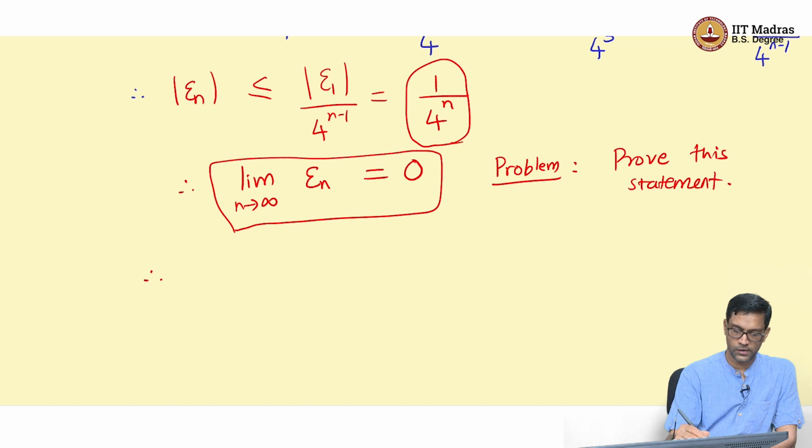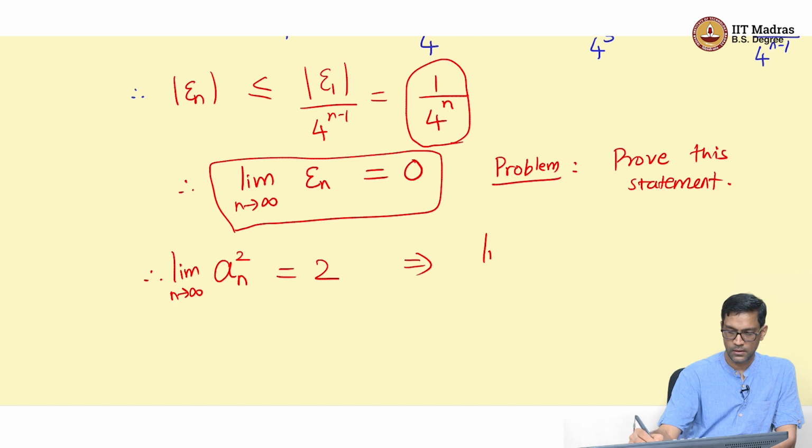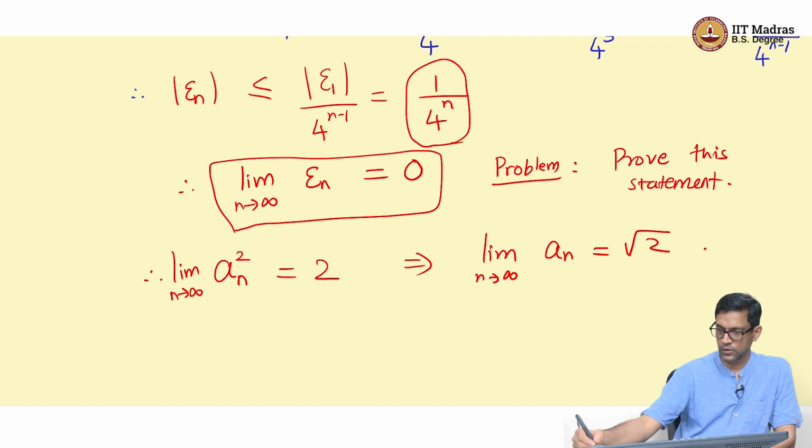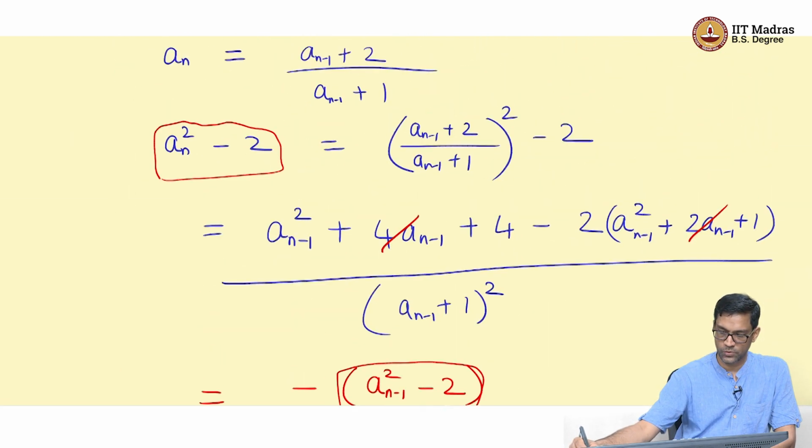So therefore, the conclusion is that a_n squared converges to 2, or that a_n converges to root 2. So the limit as n tends to infinity of a_n squared is 2, and since the a_n's are all positive numbers, the limit is root 2. Okay. So that sort of concludes this other point of view on square root 2.